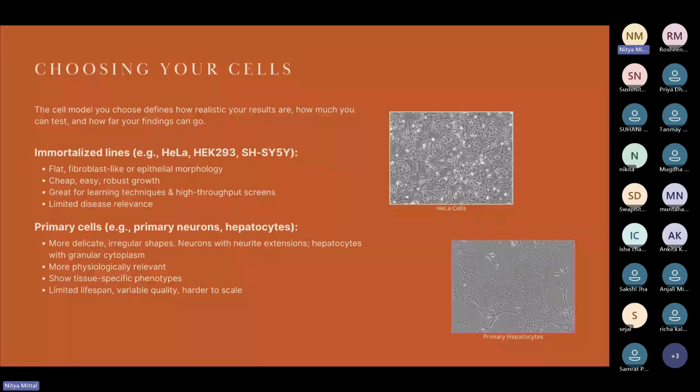They are definitely harder to scale because they don't divide very well after the primary stage. And they are definitely more delicate, irregular in shape, and when it comes to primary neurons, the neurites can often break. So in that case, you have to handle them with care. They're basically like babies of all the cell types where you have to take a little bit more care.